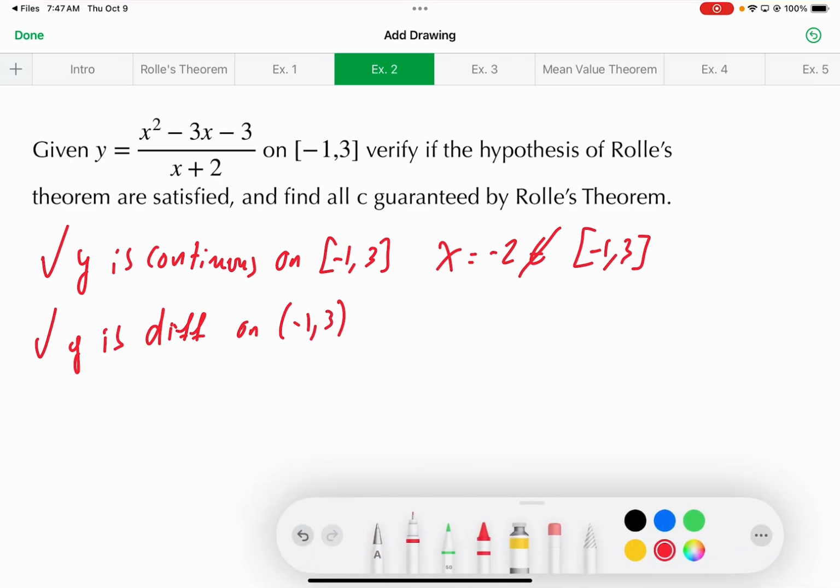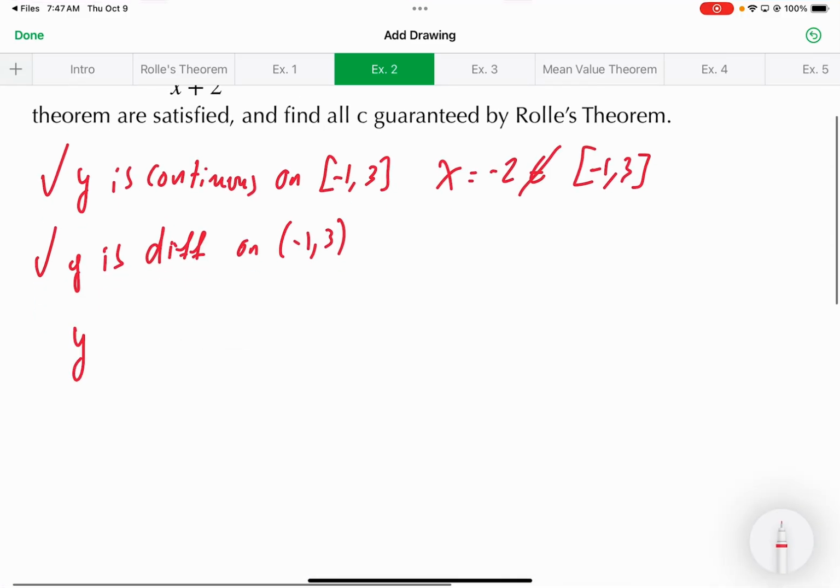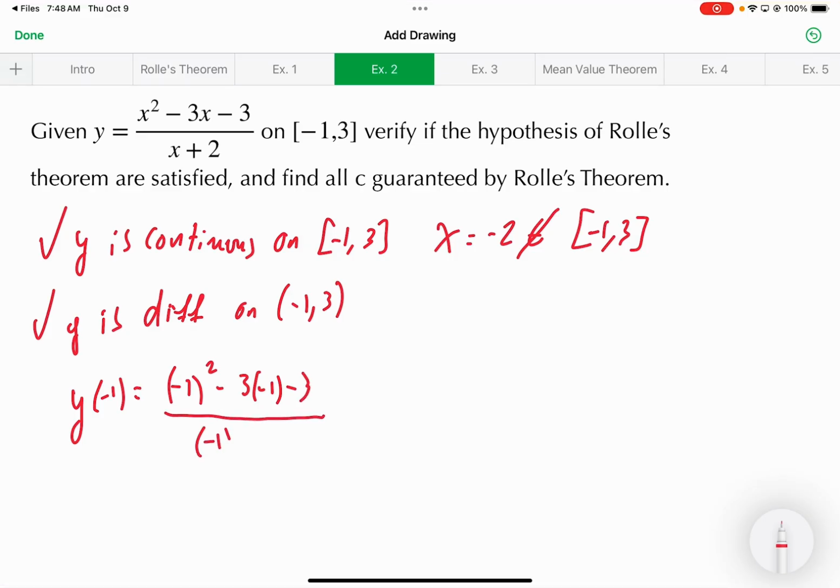All right, so the other thing I need to do is test the endpoints of my interval and make sure that they both have an output of 0, okay? All right, so y of -1 equals -1 squared minus 3 times -1 minus 3 over -1 plus 2.